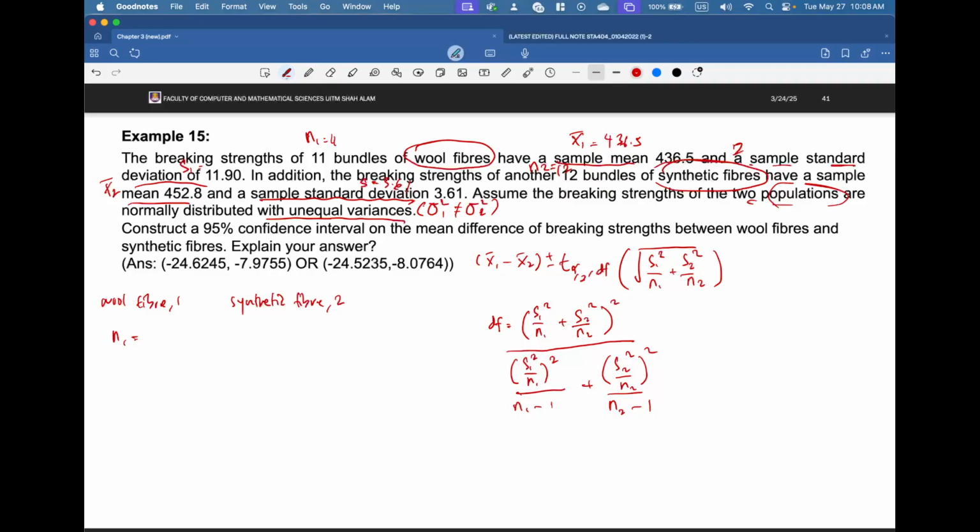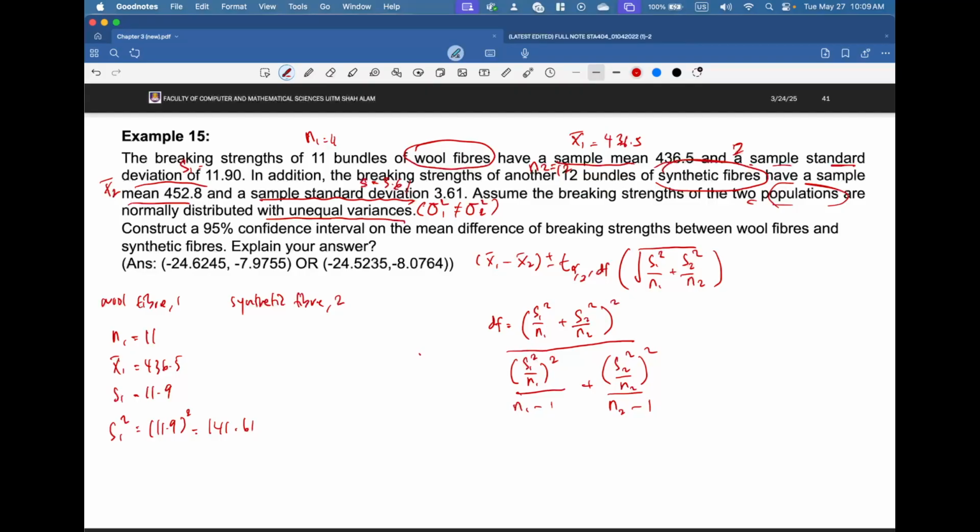N1 equals 11. X bar 1 equals 436.5. S1 is equal to 11.9. S1 square is 11.9 squared, and we get 141.61.